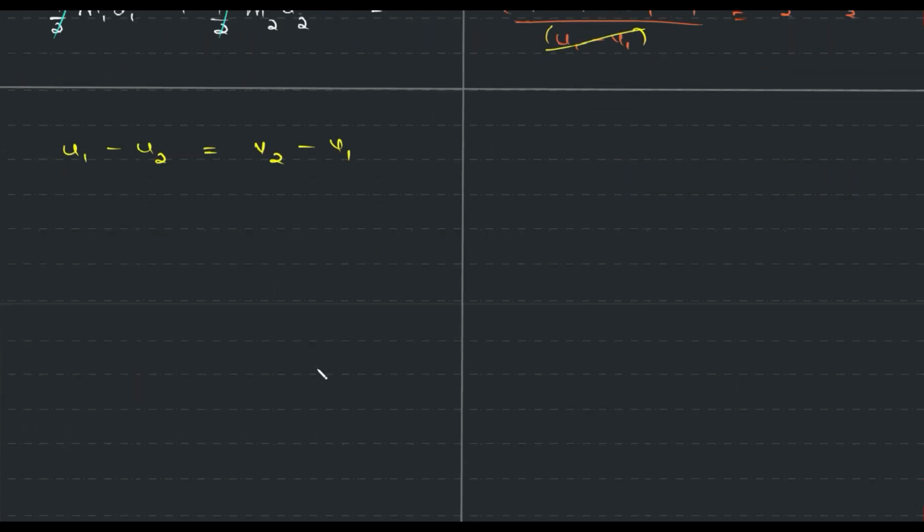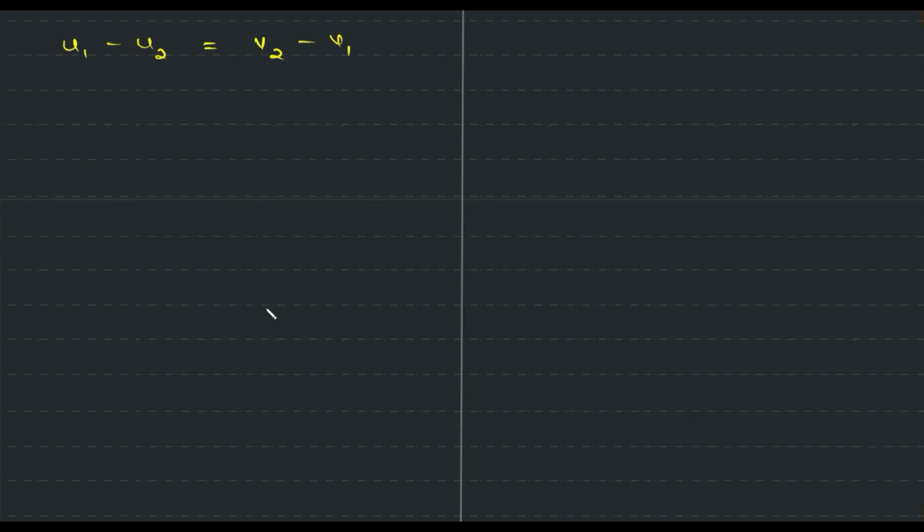So what is it that we are looking at? This is nothing but the relative velocity of object 1 with respect to object 2 before collision, which will be the same as the relative velocity of object 2 with respect to object 1 after collision. This is before collision, remember.